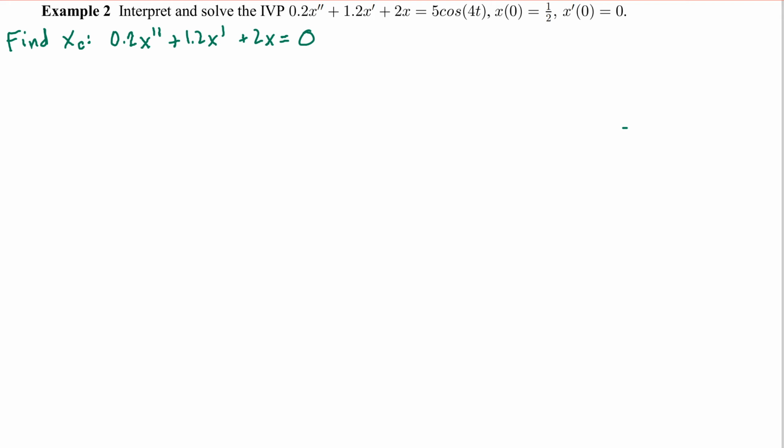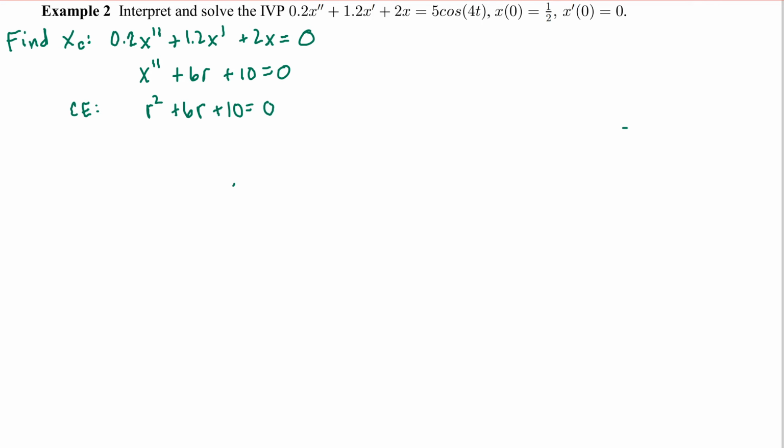Now, before I turn this into a characteristic equation, I think I'm going to divide everything through by 0.2. So we have x double prime plus 6x prime plus 10x equals 0. So our characteristic equation then is r squared plus 6r plus 10 equals 0.